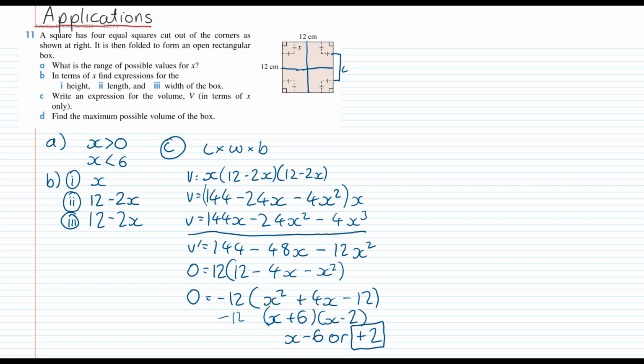Now it says, what's the maximum possible volume? Okay, so there's a last little trick in this question. It's not good enough to give us a 2. We need to calculate the volume of the box when x equals 2. So here we can go back to our volume of the box equation. Okay? So we'll go 2 times 6 minus 2 times 2.